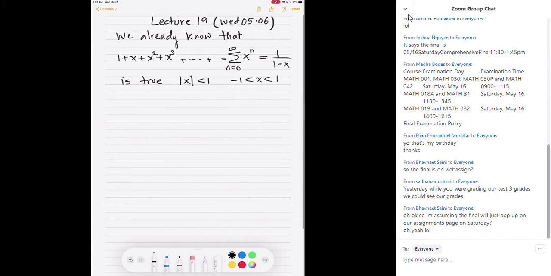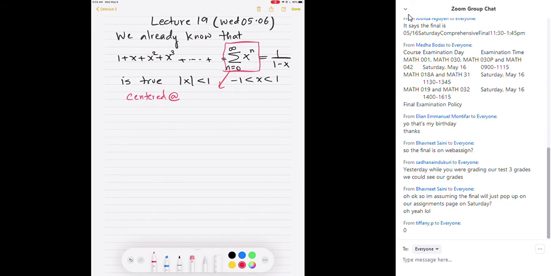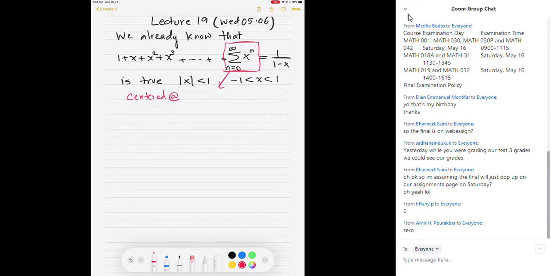So now tell me, this series is centered at, and you can unmute yourself and say, so this series is centered at. Very good. The radius is 1.